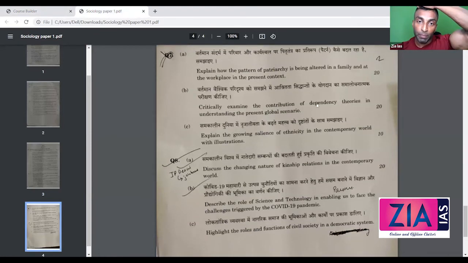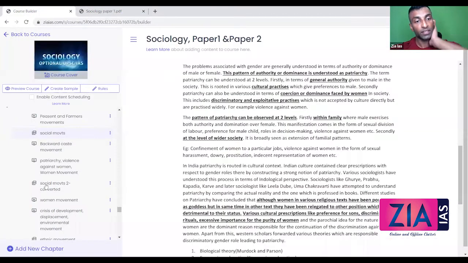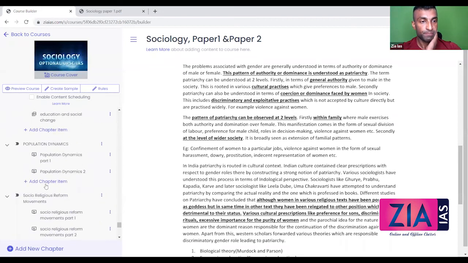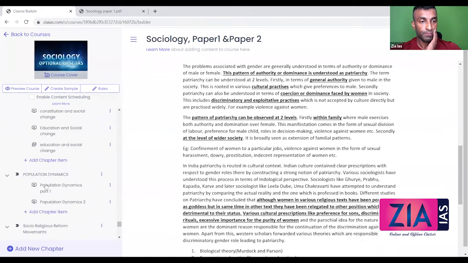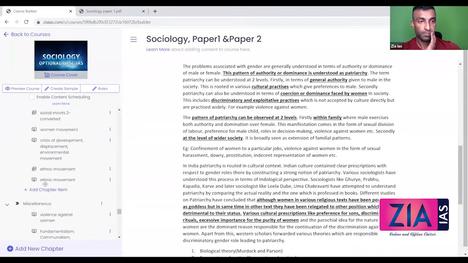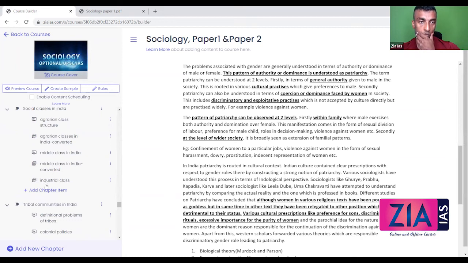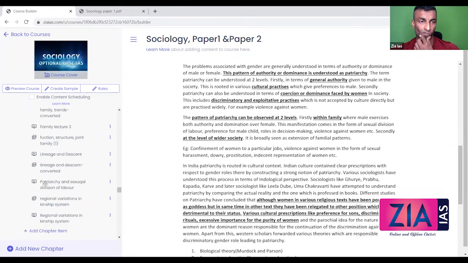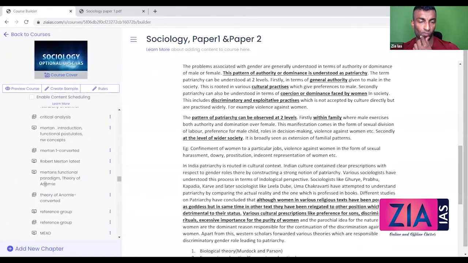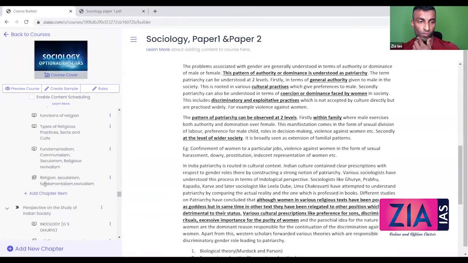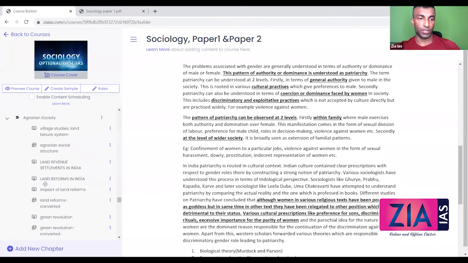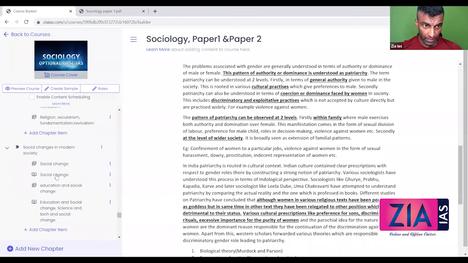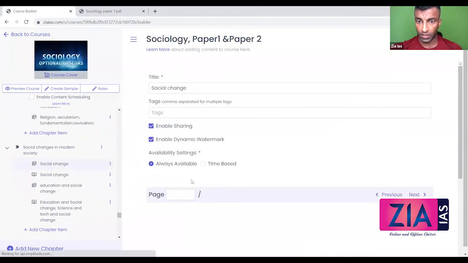Critically examine the contribution of dependency theories in the present global scenario. Dependency theory will come in the chapter on social change. Yes, social change. So here is where I have discussed dependency theories.